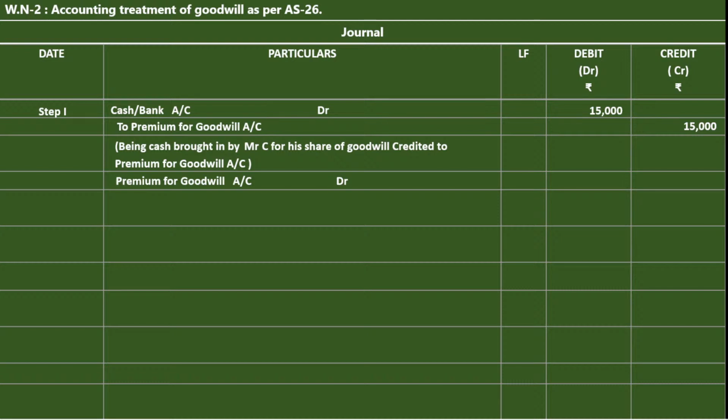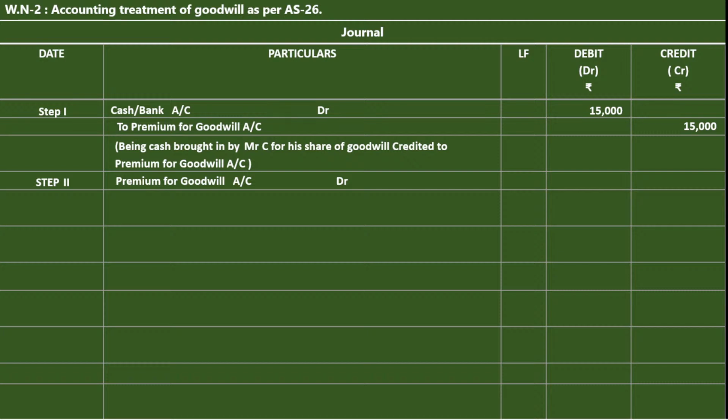Being cash brought in by Mr. C for a share of goodwill credited to premium for goodwill account. This is step number 1, when the new partner brings the cash for goodwill. Second step is compulsory. Premium for goodwill account debit, because we are closing the premium for goodwill account by transferring the amount to the sacrificed partners' capital accounts.